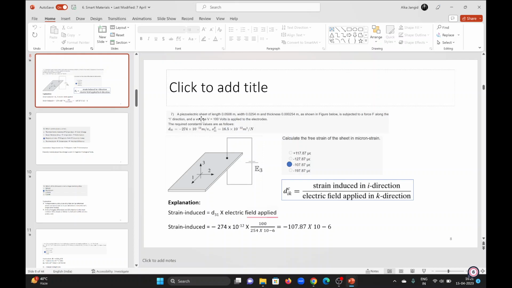In the other part they had asked a question based on force as well, where you will require the S11 formula. S11 is the compliance that is used when we calculate force. Here we just require the thickness because your electric field is applied along the three direction.